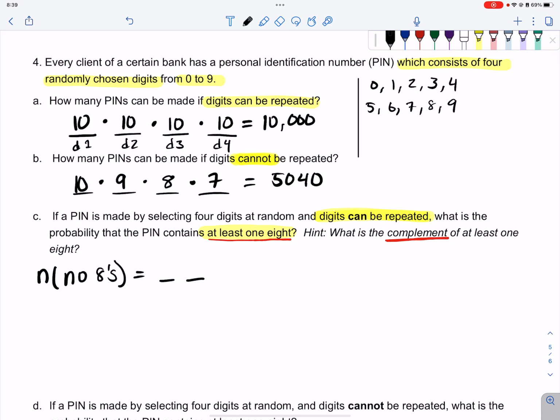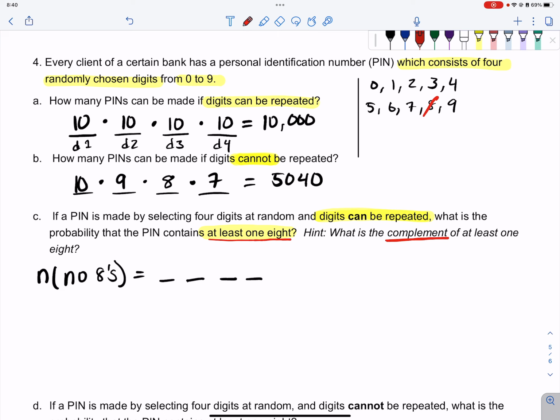And we can do this by thinking about the 4 digits individually and using our counting principle. So we are in the situation where our digits can be repeated, but now we want how many don't have an 8 in it. So if I'm looking at my numbers up above in the top right, I'm going to cross off the 8 because that 8 is not an option.